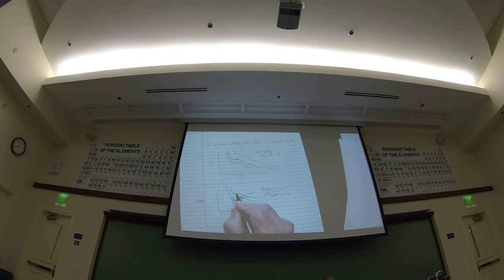And right here we have this one little thing: the first derivative and the second derivative are both 0. So it's an inflection point.